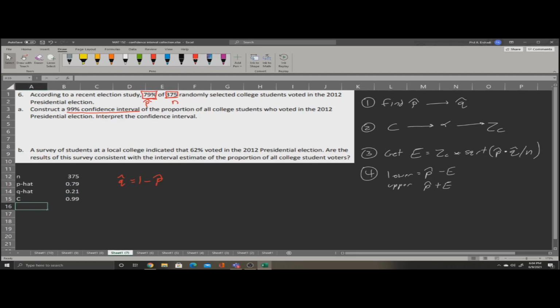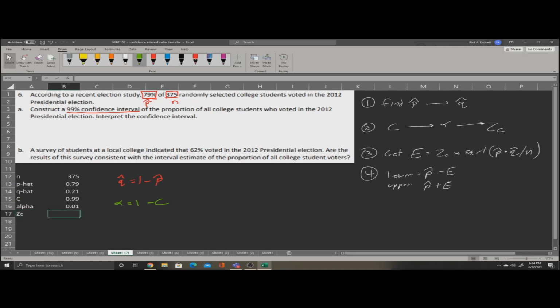Now our confidence level is 0.99. Based on that, we can get alpha. Now alpha is 1 minus confidence. So in alpha, we'll say equals 1 subtract and then click on the confidence level. This gives us 0.01. Then we can find our z-critical.